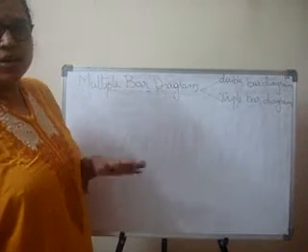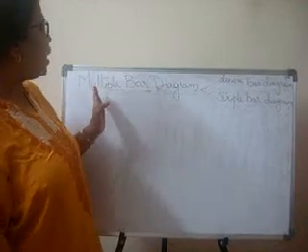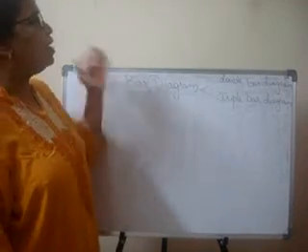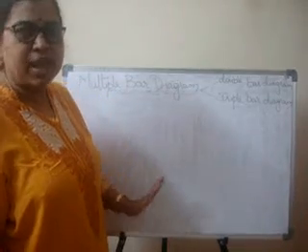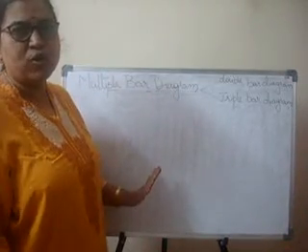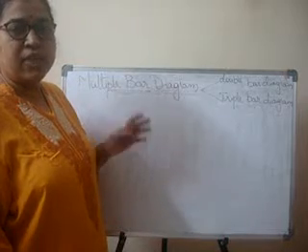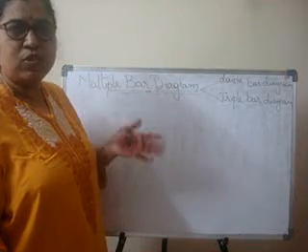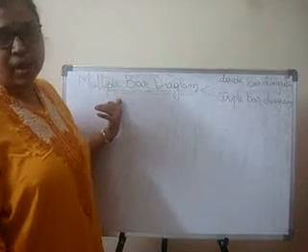More than that will be very tedious and confusing. So the multiple bar diagram compares 2 variables or 3 variables. That's all. More than that we are not going to draw any multiple bar diagram. If they give you 6 variables and ask you to compare them, we will not use a multiple bar diagram for that.